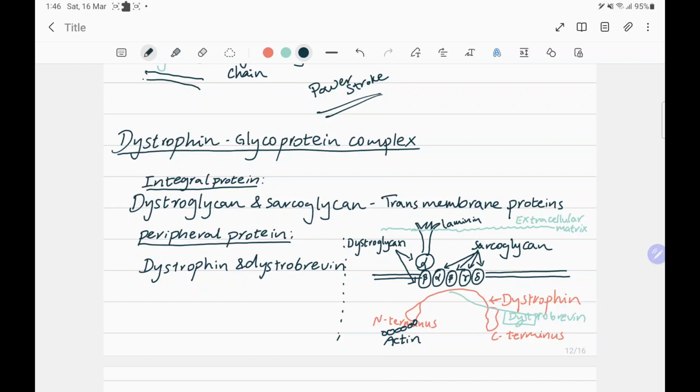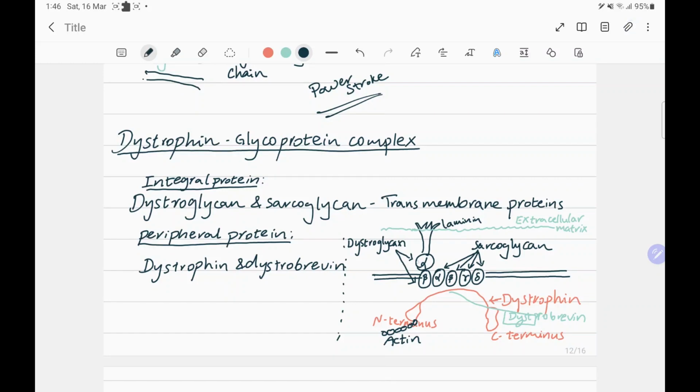They hold things in place, and if you have a problem with dystrophin, your muscles die and they don't survive long. There are conditions like Duchenne's muscular dystrophy and Becker's dystrophy, and we'll talk about these in some time.